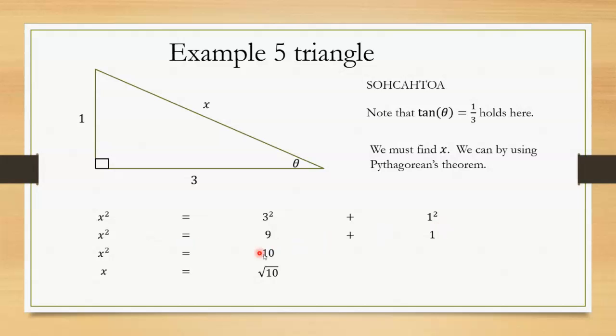So x squared is 10. That means x itself, we take square roots, is square root of 10. So this third side has length radical 10.